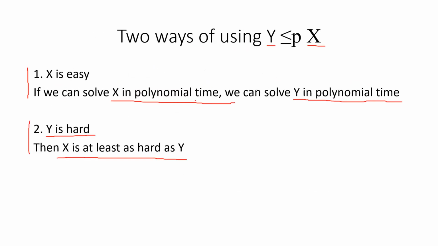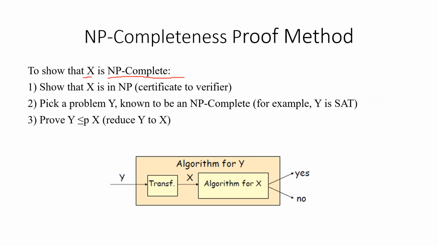So in order to prove that some problem is NP-complete, first we need to show that the problem is in NP, which means that we can verify the certificate of the solution of that problem in polynomial time complexity.